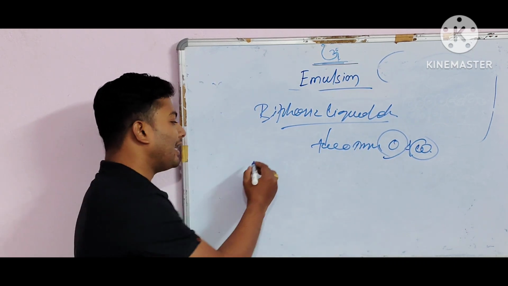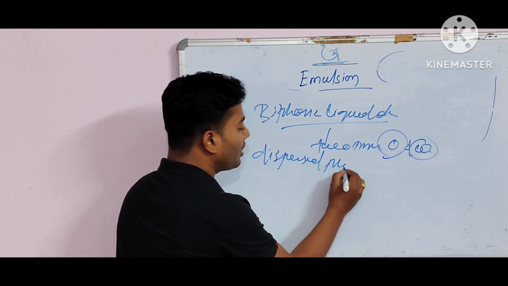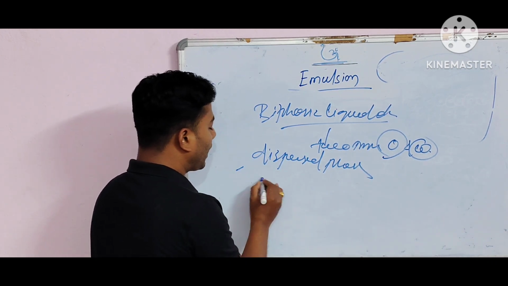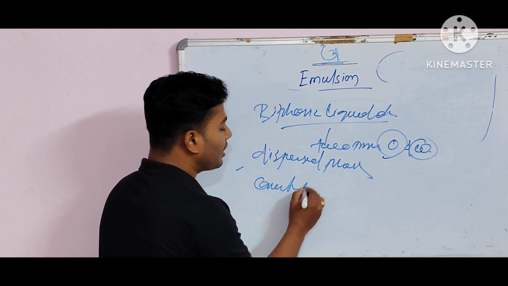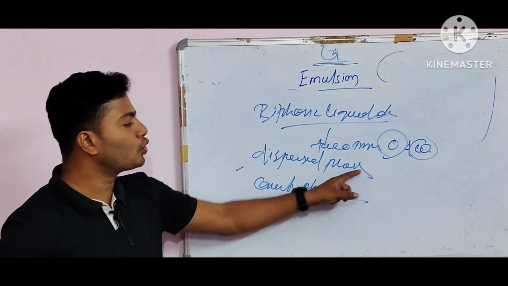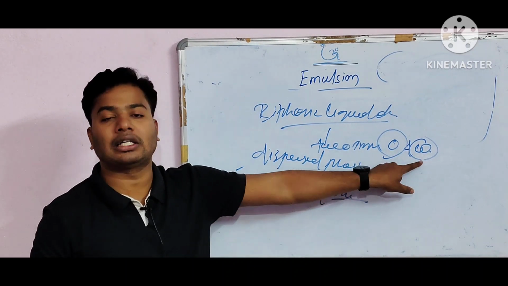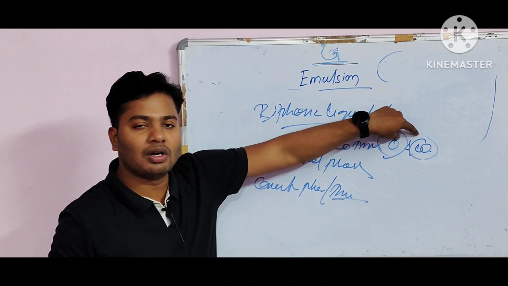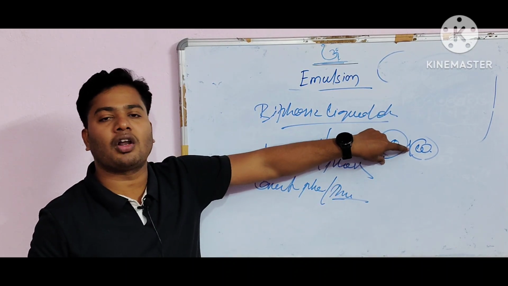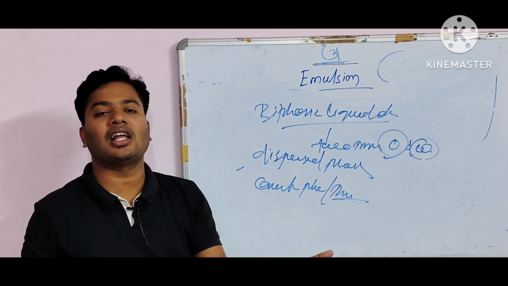One of them is the dispersed phase, and the other is the continuous phase, or dispersion medium. These two immiscible liquids, water and oil, do not mix for a longer period of time. So that's why it is thermodynamically unstable.